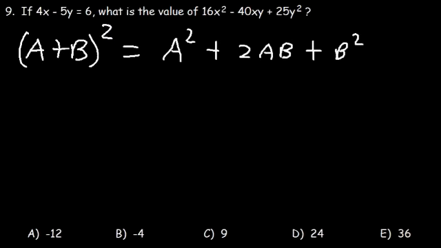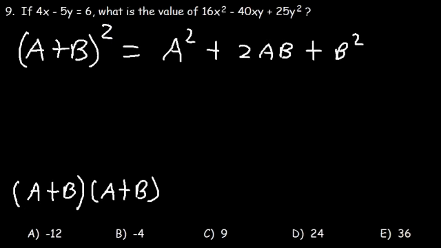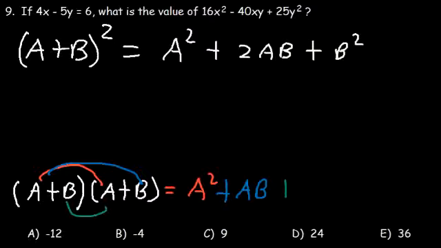So here's the proof. a plus b squared is the same as a plus b times a plus b. So if you were to FOIL this expression, a times a is a squared, and a times b is ab, and then b times a is also ab, and then b times b is b squared.